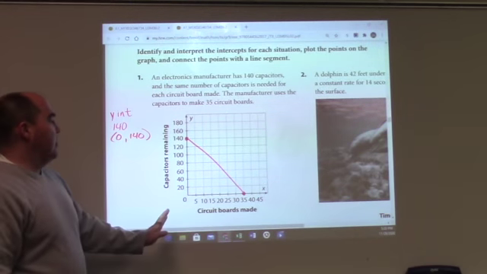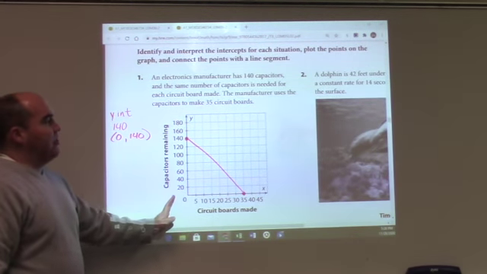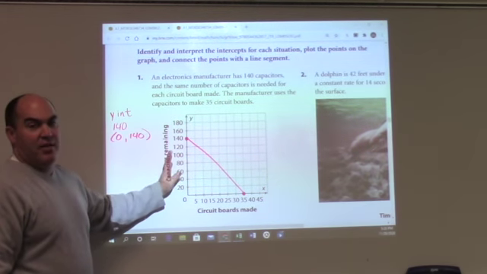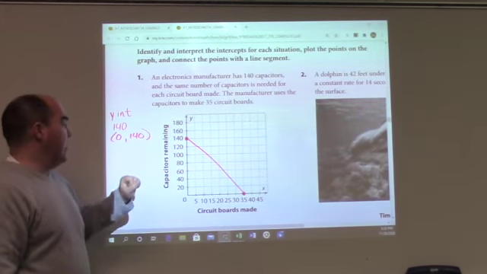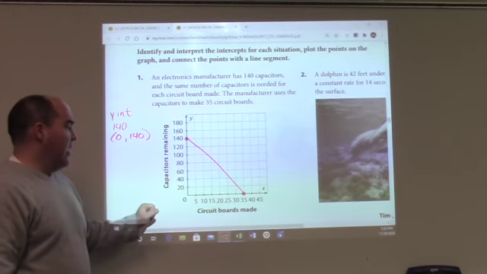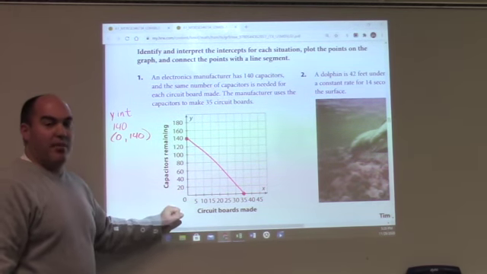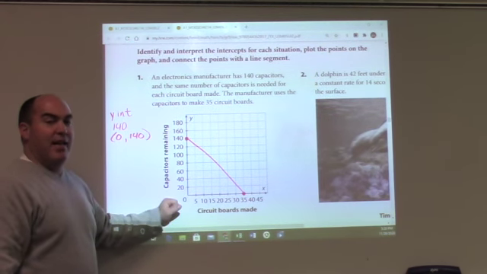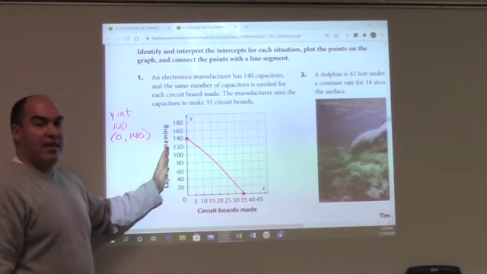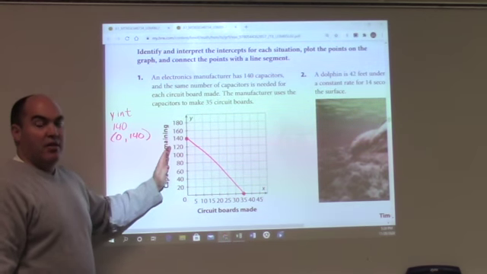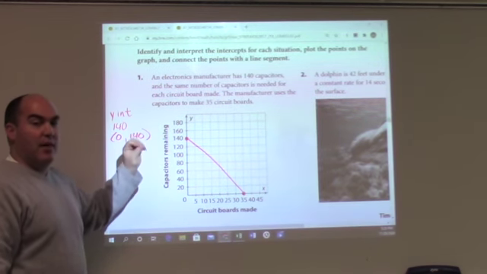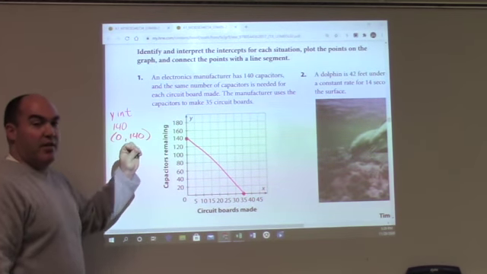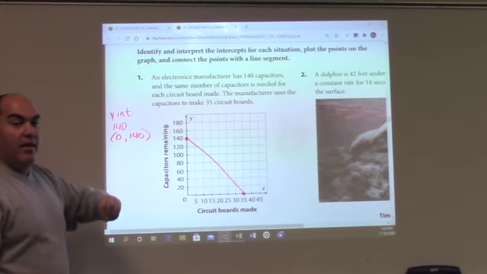It means that when the manufacturer started out, he had 140 capacitors, and he had made 0 circuit boards. So when the circuit boards were at 0, when he hadn't made anything, he had 140 capacitors at the start. So you see how we have talked about the 140 and the 0. He had 140 capacitors, but he hadn't made any circuit boards.